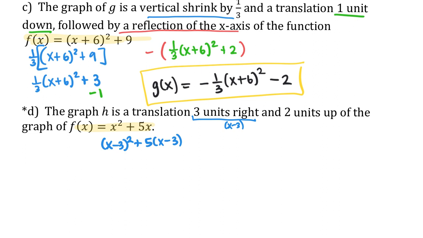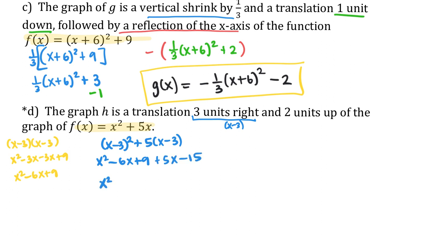Okay, I'm going to multiply this out. If I do (x minus 3) times (x minus 3), I get x squared minus 6x plus 9, plus 5x minus 15. Let's make this nicer. Minus x, and 9 minus 15 is minus 6.